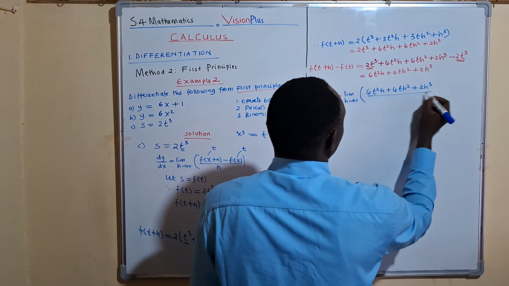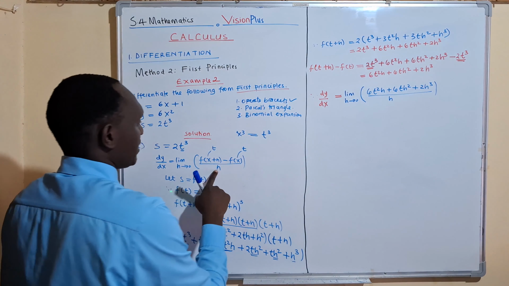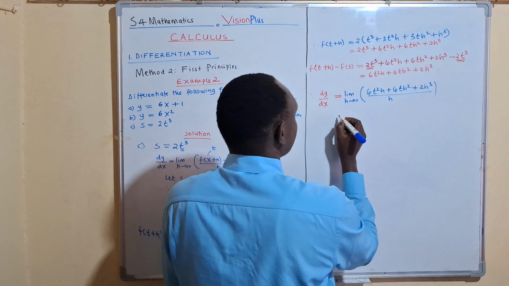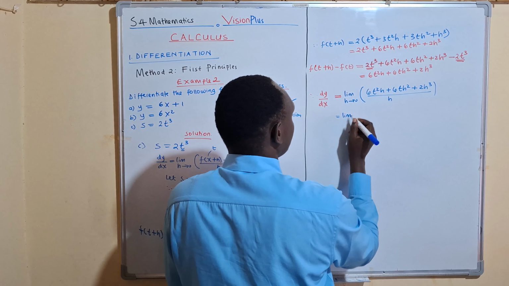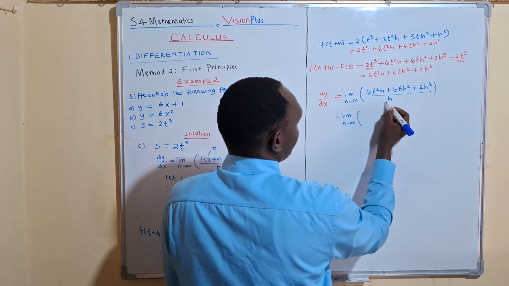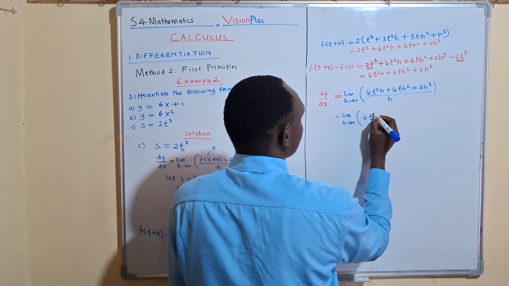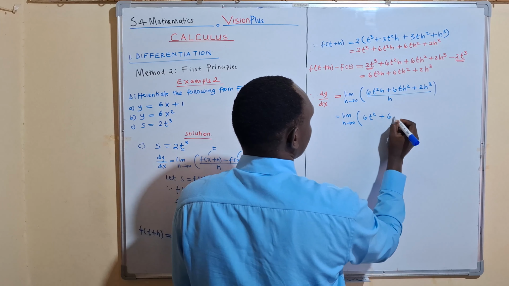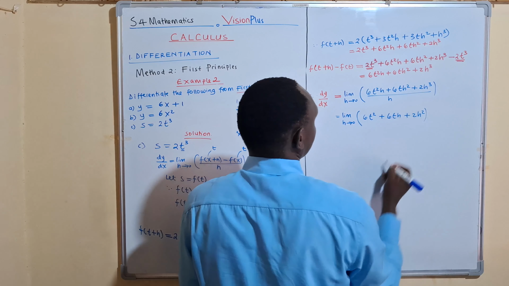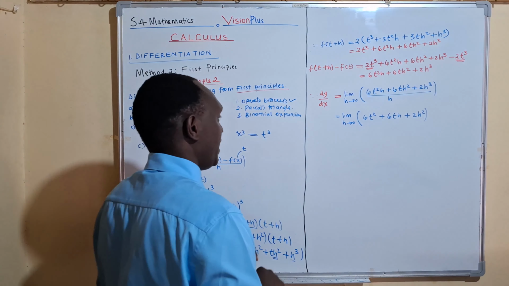But the formula says we divide that difference by h. If we divide each of the terms by h, we shall have the limit as h tends to 0 of 6t squared plus 6th plus 2h squared.